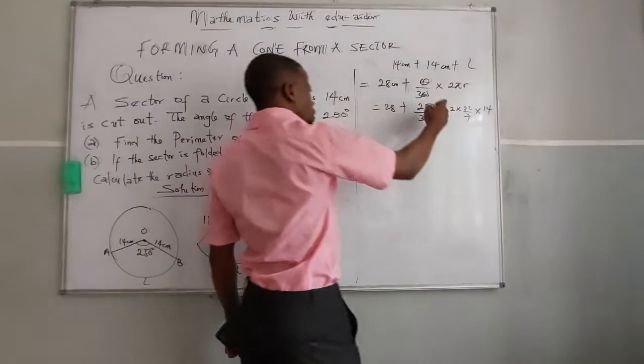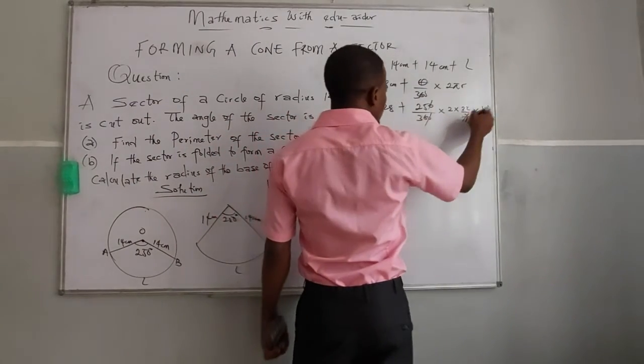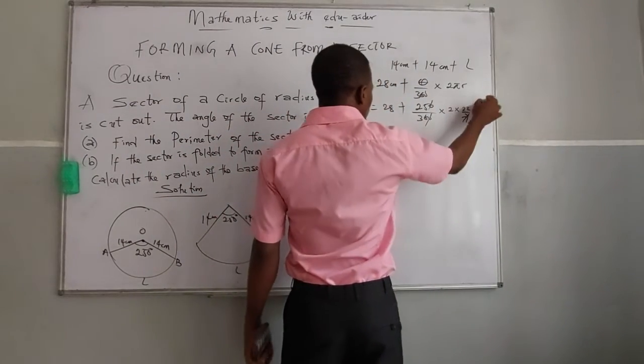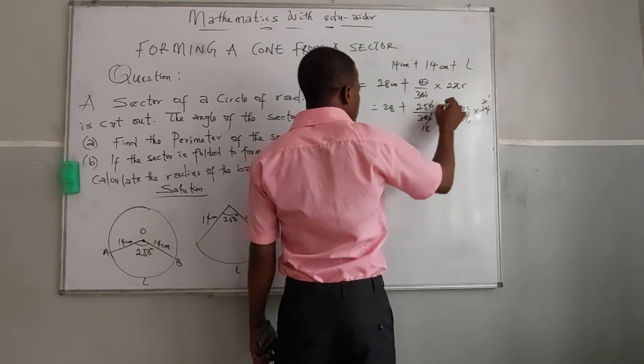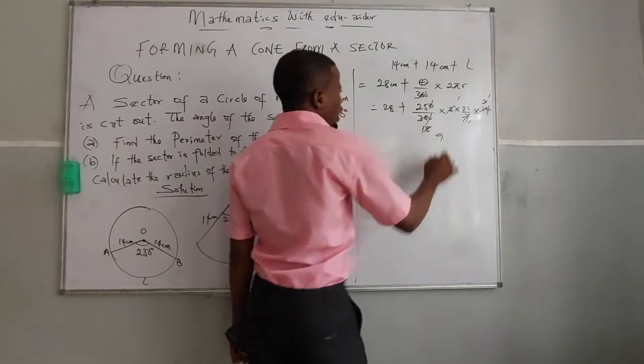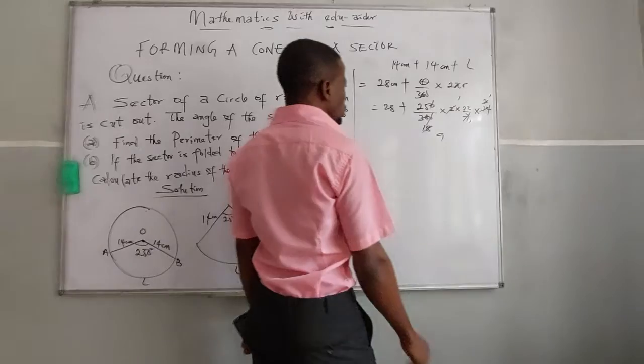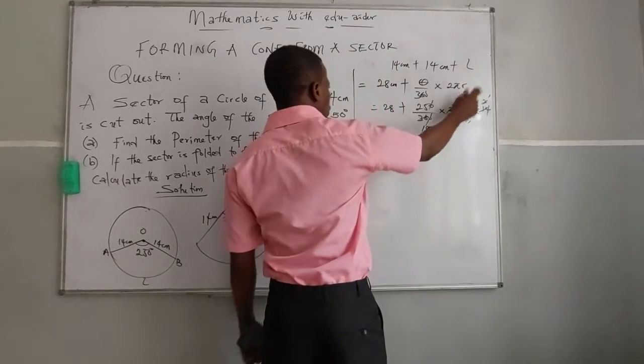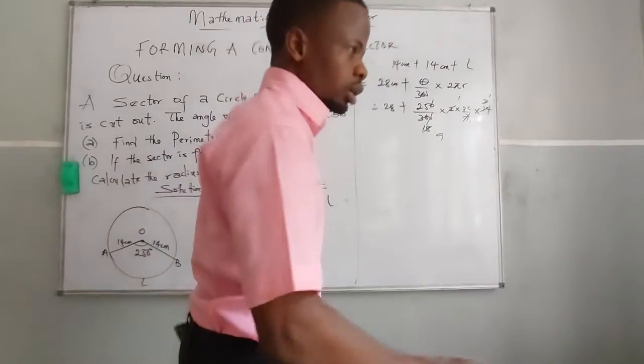Now we can go this way. 7 into 14 is 2, 2 into 2 is 1, 2 into 18 is 9, right? Now what do we do next? Nothing cancels 22 again without remainder.